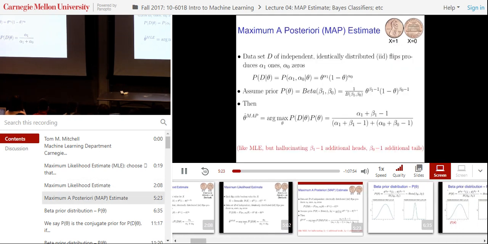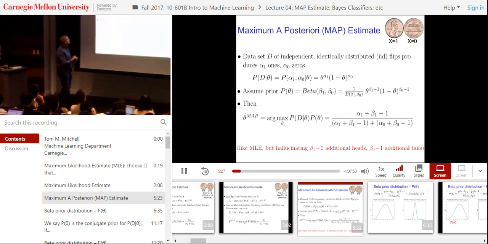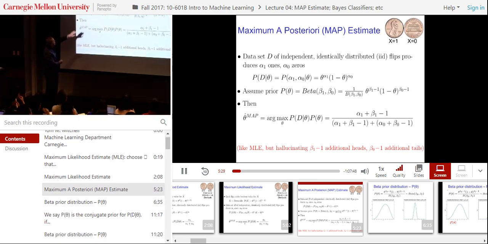Okay, then we also talked about the MAP estimate. And again, for our Bernoulli random variable, we decided we would use a beta prior to represent our prior knowledge about this random variable, in particular, the probability distribution over theta.